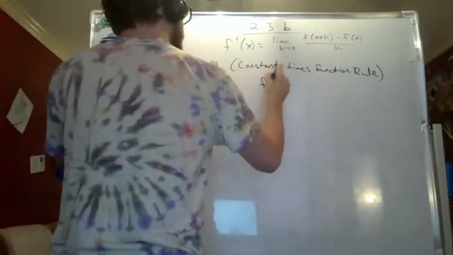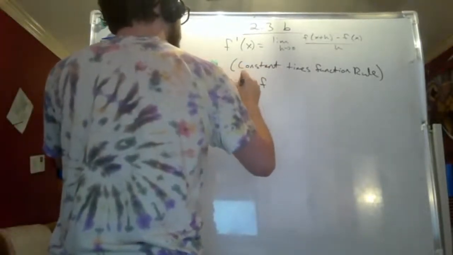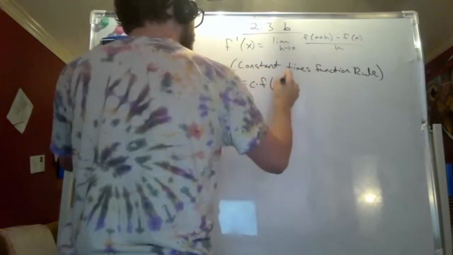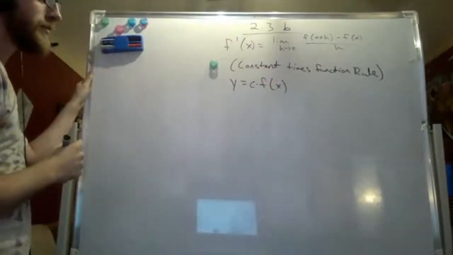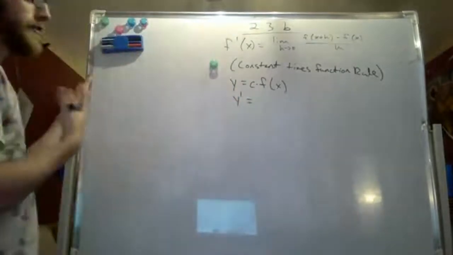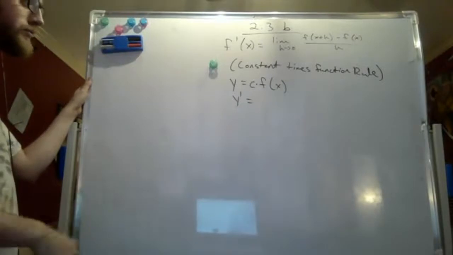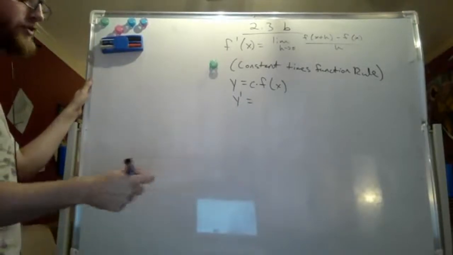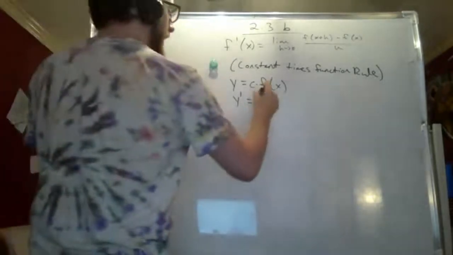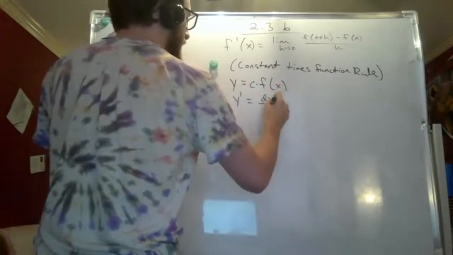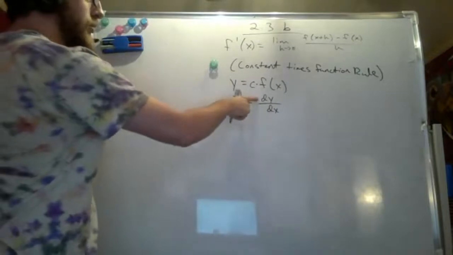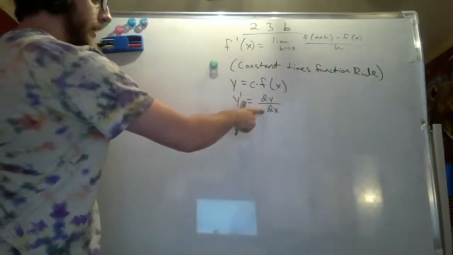If we have y is equal to some constant c times f of x, then we say y prime, which is the first derivative of y, or another notation just to introduce it because you're going to need it later, we can also write as dy dx, which all that means is the derivative of y with respect to x.